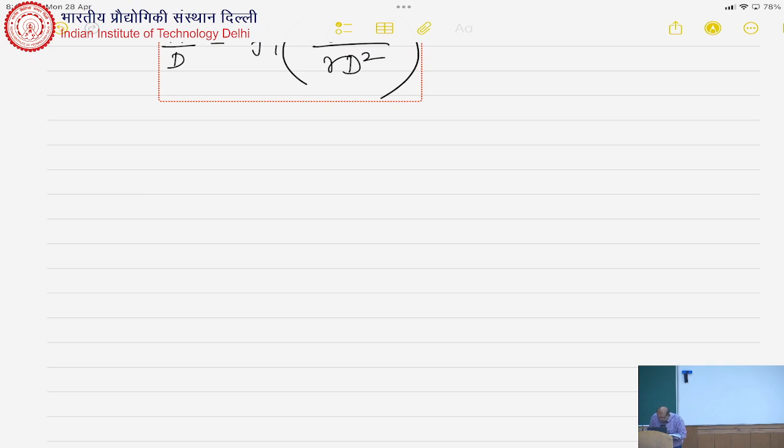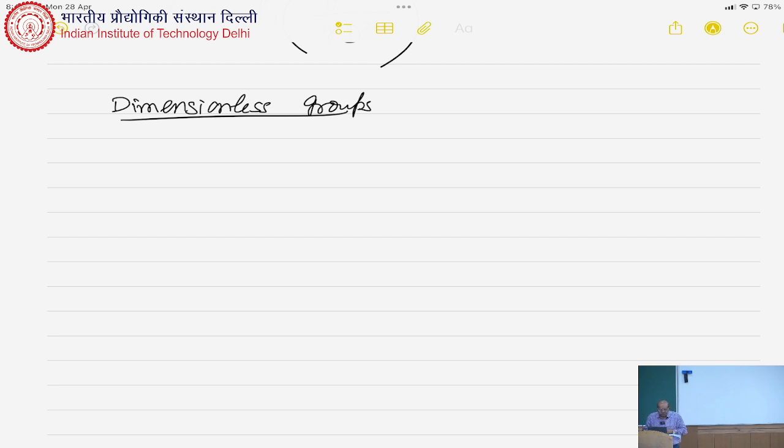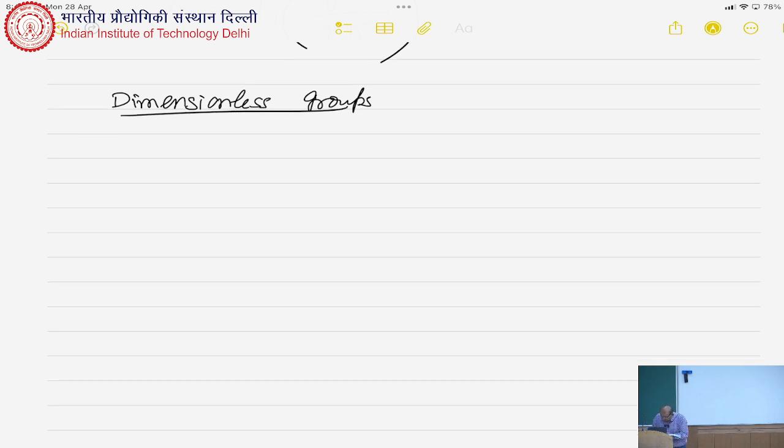So now let us quickly see some dimensionless groups which are important in fluid mechanics, and for which what we will do is we'll write everything in terms of some force and then divide the two forces which will give us some dimensionless number.